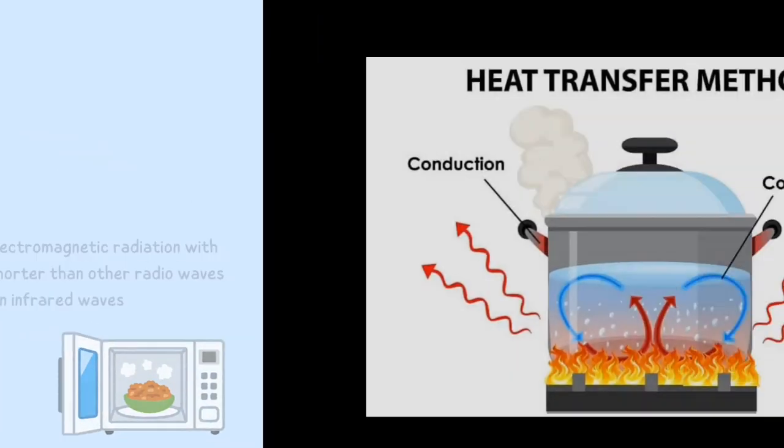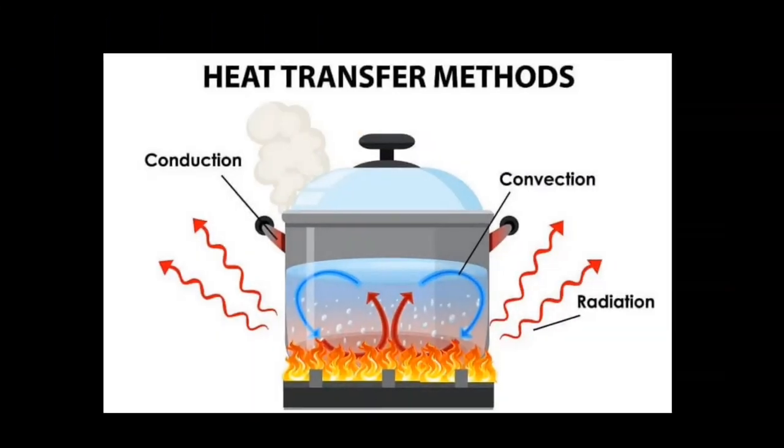Now, let's understand the three methods of heat transfer in this example. Take some combustible material such as wood or coal, then burn it. Place a pan of water over it. Now the heat is transferred to the pan due to conduction, as it is in direct contact with the heat source. The water molecules get heat energy from the pan due to convection.